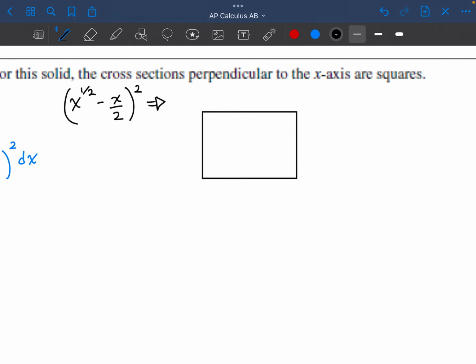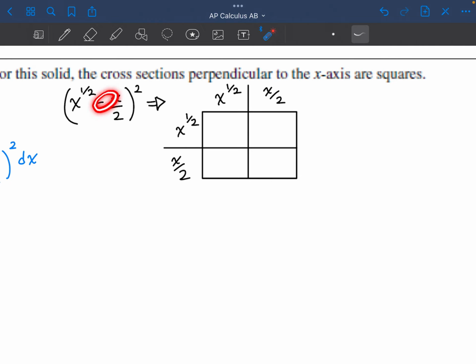If I hold this, it should turn into a square. Hooray! I want a straight line right there, and a straight line right here. And I'm going to put that as the side. So I have x to the power of 1/2 and x over 2, x to the power of 1/2, x over 2. And I have to be careful here.